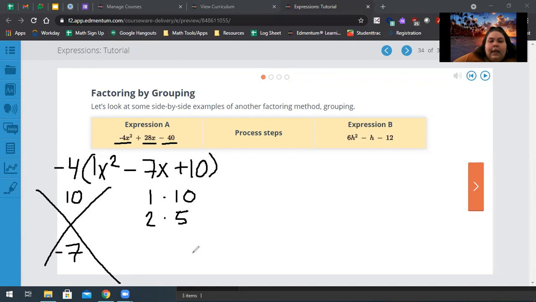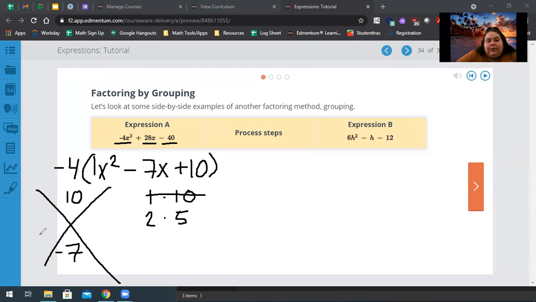We're back to this. Which pair can give me negative 7? So if we play around with 1, 10, I can get either 9 or 11. That doesn't give me negative 7, so we're going to erase that. 2, 5.